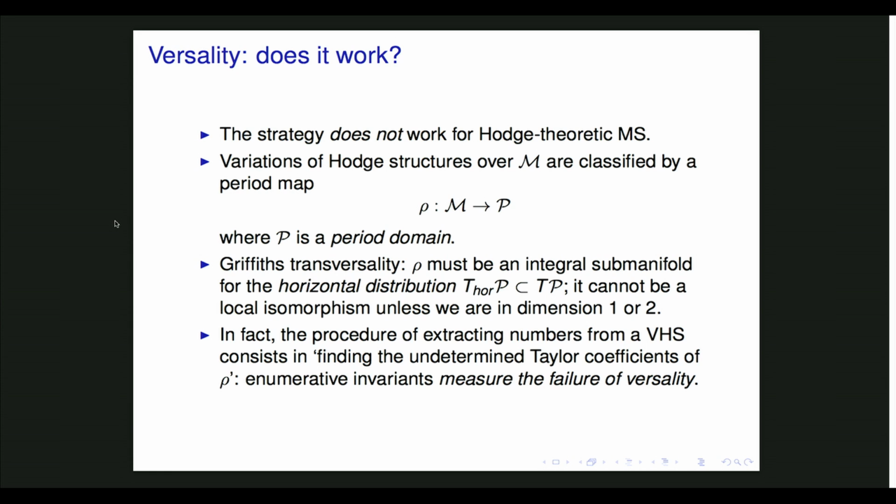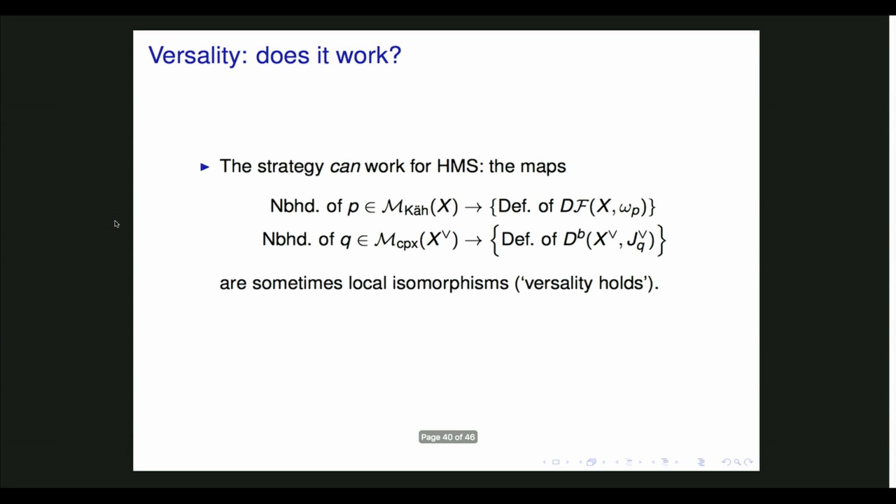So you've got some constraint on the image of this period map. The differential has to lie inside some distribution, but that under-constrains it, so there are a whole bunch of undetermined Taylor coefficients, and those coefficients are the enumerative invariants that we study in mirror symmetry. So versality does not work for proving Hodge theoretic mirror symmetry.